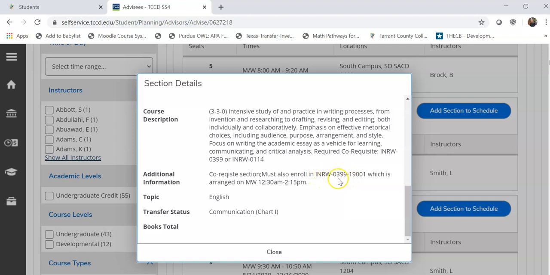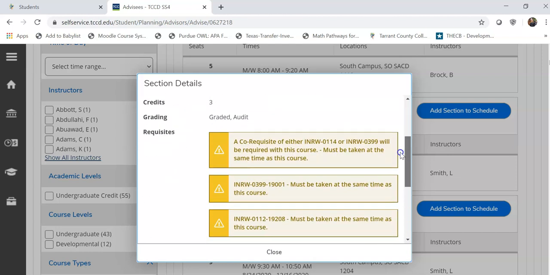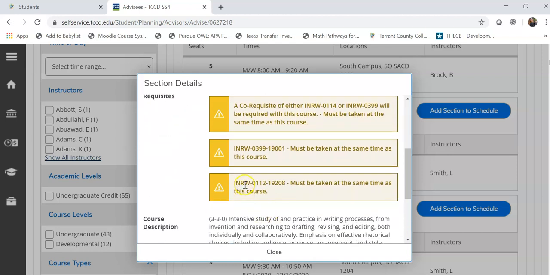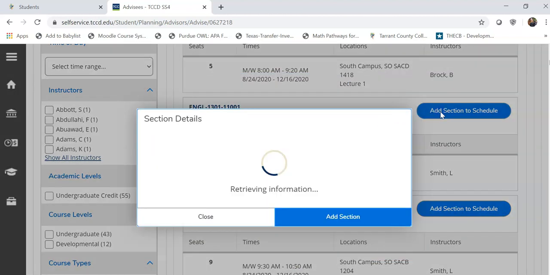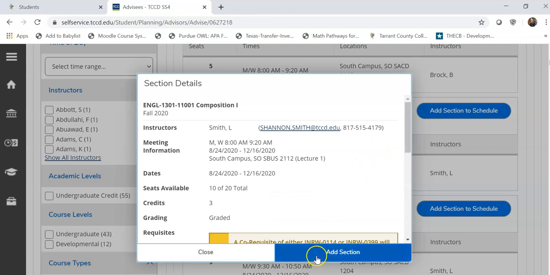Must also enroll in INRW 0399-19001, which is Mondays and Wednesdays, 12:30 to 2:15. So then we understand that we have to sign up for that, and we also have to sign up for this other part as well. Otherwise, our registration will not process. So we're going to add Professor Smith's class to our schedule as well.